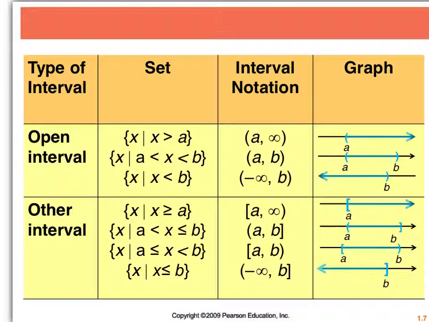Alright, so this one kind of shows you the different types of notations we will be using. This is the one we need to be most familiar with, interval notation, as well as how to graph the inequality. And this notation is used when my symbol has no line underneath, so that number's not included. And that's what the graphs look like for these.